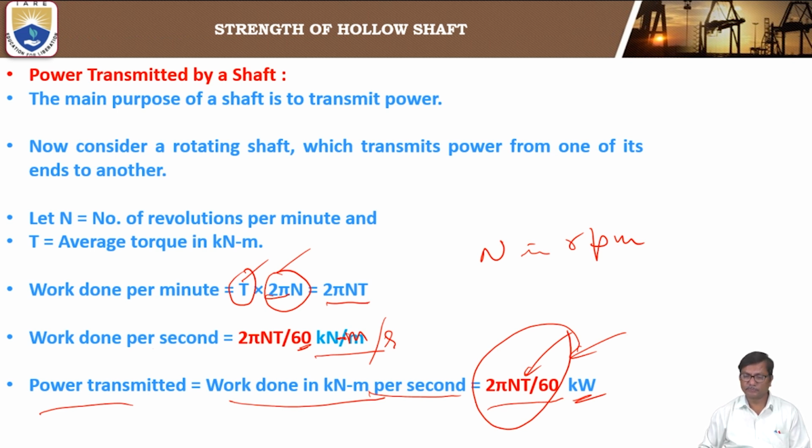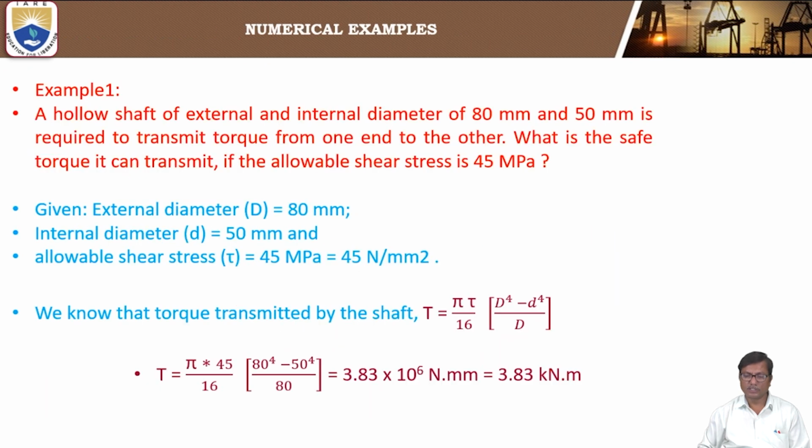If it is a solid shaft, we will use the expression for torque for a solid shaft, which is pi d cube by 16 into tau. For a hollow shaft, it is pi by 16 into tau into D power 4 minus small d power 4 by D. That is the expression.